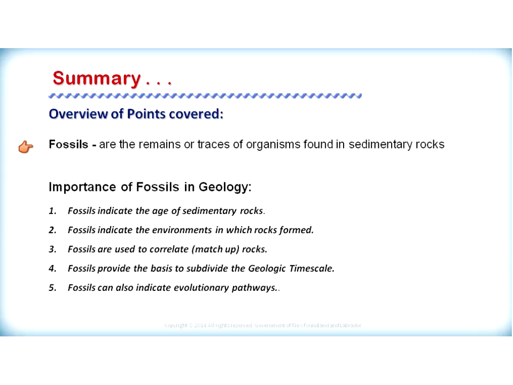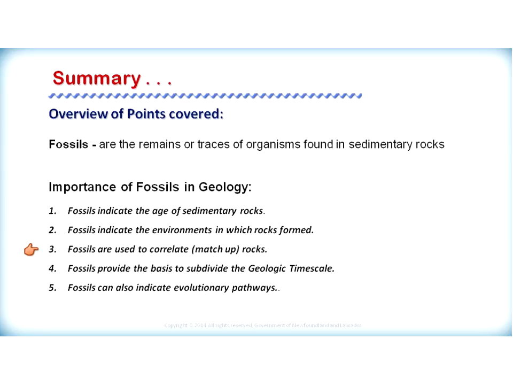In summary, here is an overview of the points we covered. First of all, fossils are the remains or traces of organisms found in sedimentary rocks, and we use fossils to subdivide geologic time. Some of the important characteristics of fossils in geology: Number 1, fossils indicate the age of sedimentary rocks.